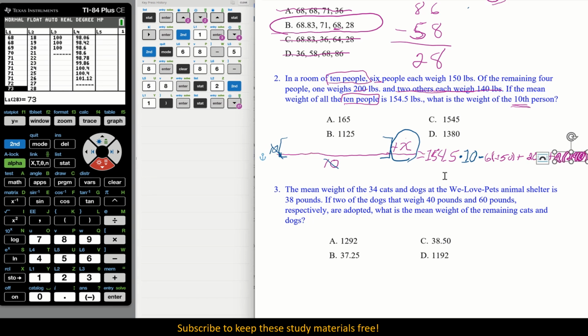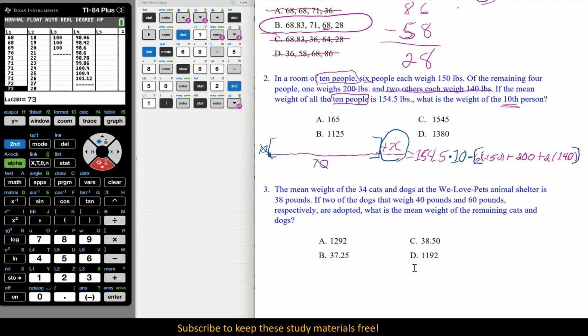Okay. But what I'm really wanting to do is create an expression that I can put in my calculator. So let me rewrite what I've done. I have x equals 154.5 times the 10. And now what am I subtracting?